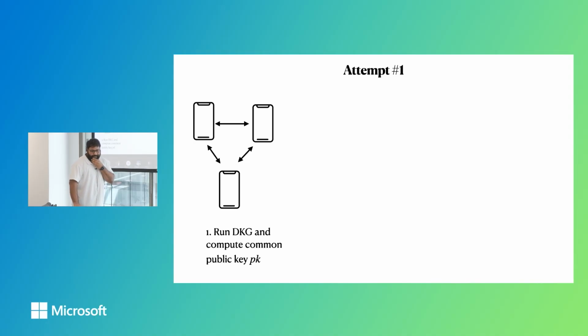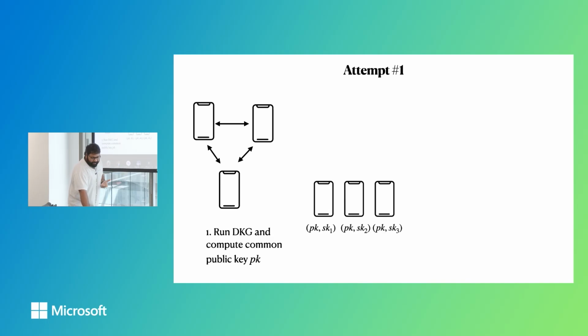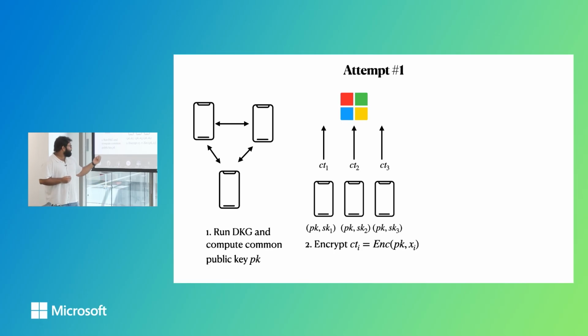All right. So let's see the first attempt, which is the threshold encryption approach. Suppose we could have the clients run a DKG and compute a common public key for, say, a homomorphic encryption scheme, maybe a threshold homomorphic encryption scheme, and you need to run a DKG to compute this public key. Then the idea would be that the clients just encrypt their inputs using the public key that they just computed and send it to the server.